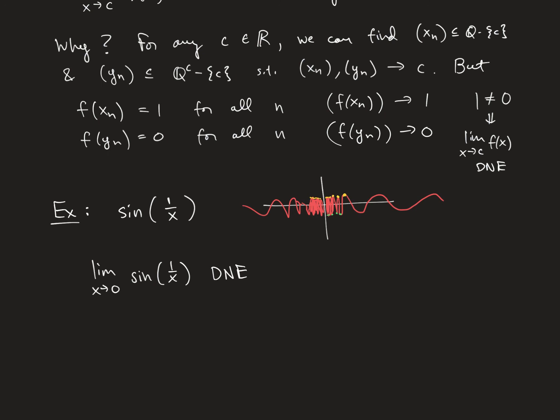So what we need is sine of 1 over x equal to 1, and sine of 1 over x equal to negative 1.